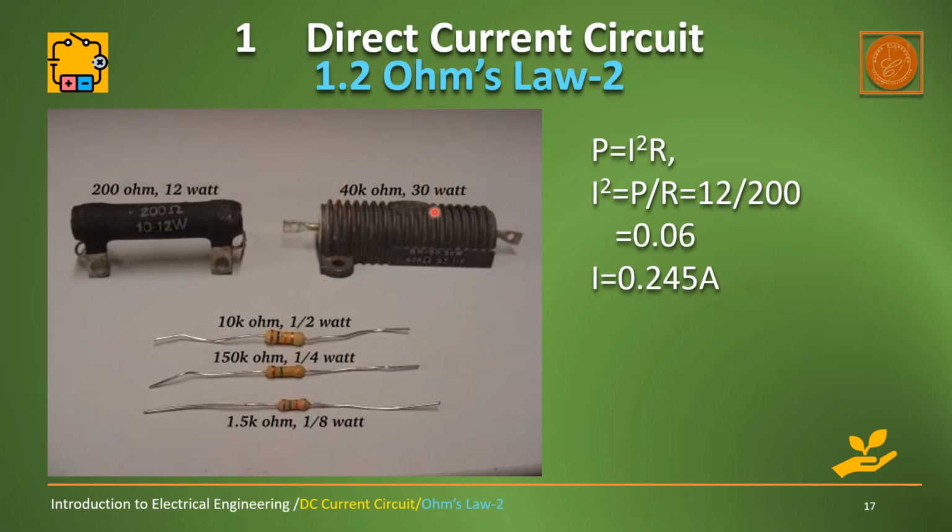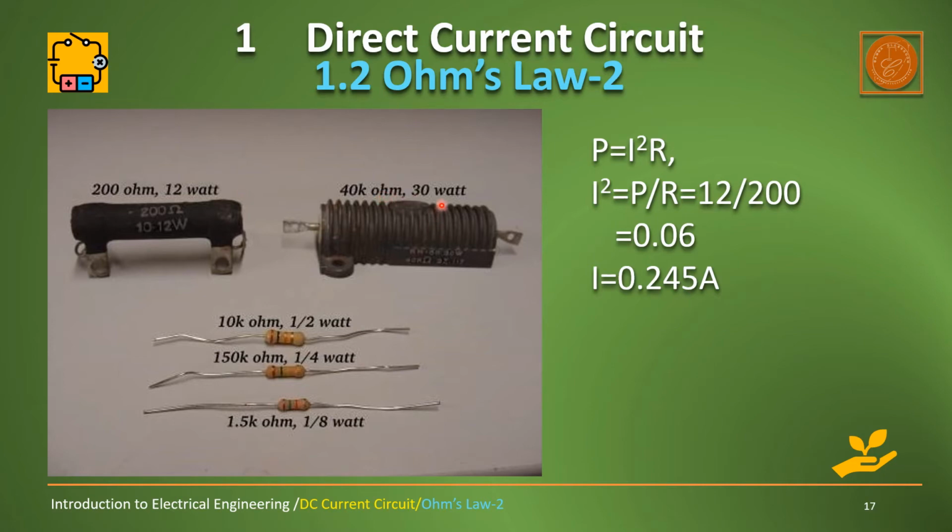Same thing, this resistor has no direction. You can connect this point to the positive, or you can connect this pole to the positive. And this is 30 watt, and this is 40k ohm, meaning 40,000 ohm.